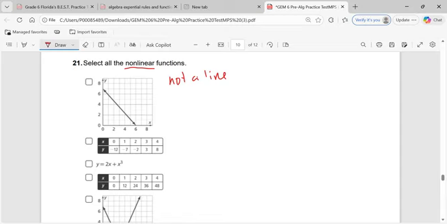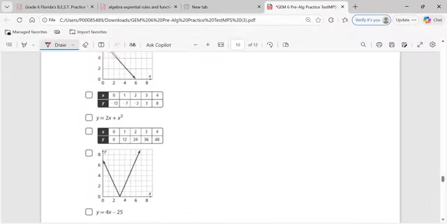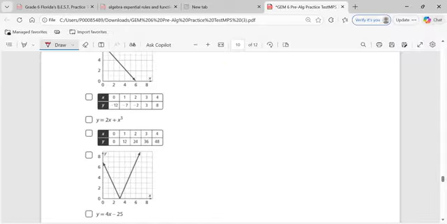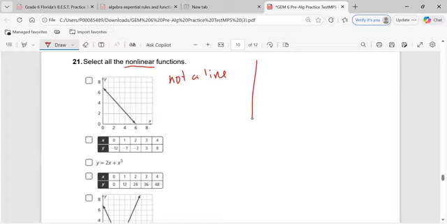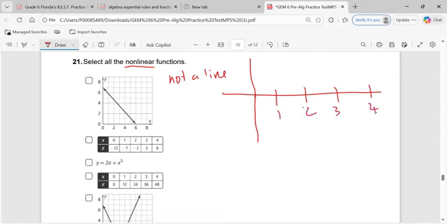When I look at the second one, I could get myself a graph. Oh, nope. I also wanted to go the other way because I see that I have negative numbers. So now I'm looking at 1, 2, 3, 4.